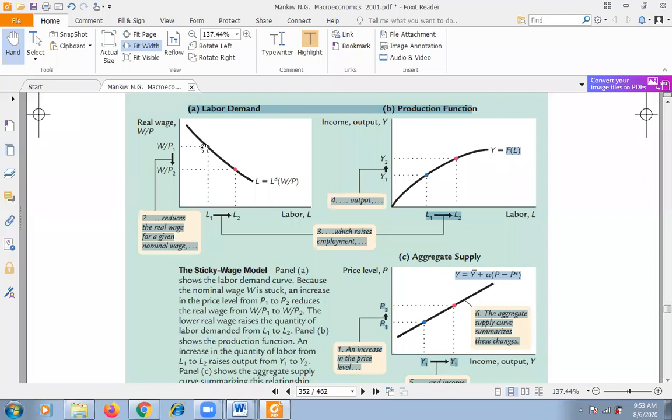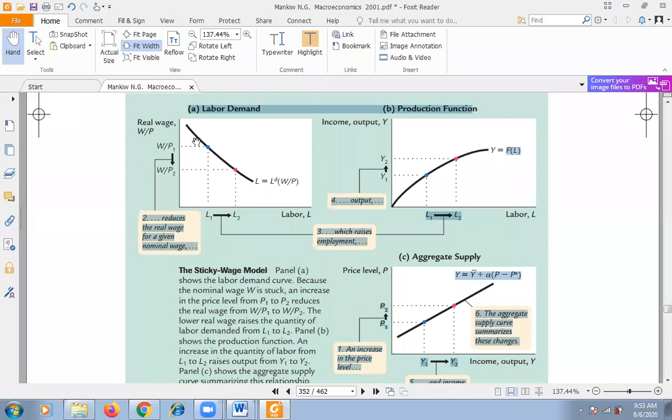Now, the first price level is at the blue color point. As this price level increases, the real wage decreases. With a reduction in real wage, labor demand increases. As labor demand increases, the output level increases.